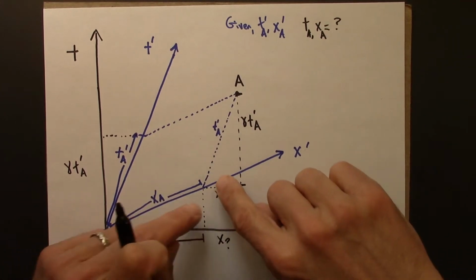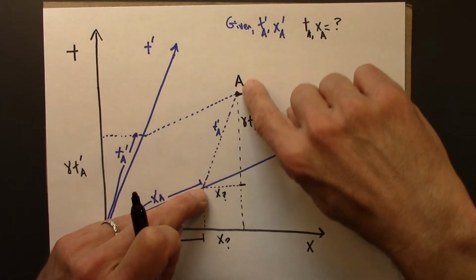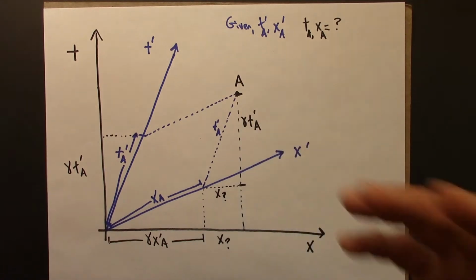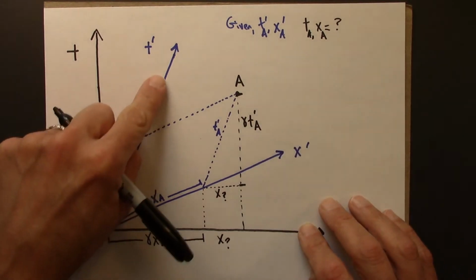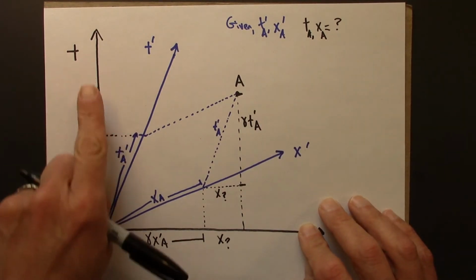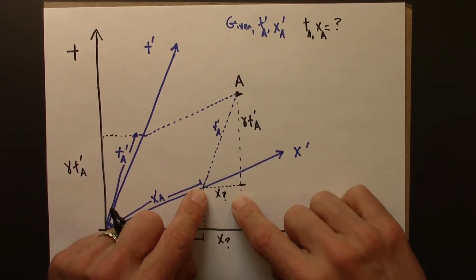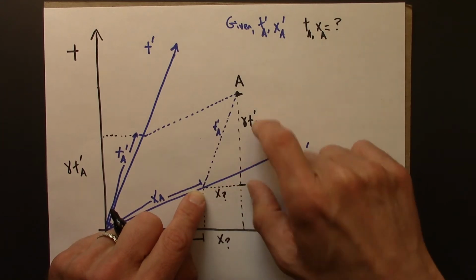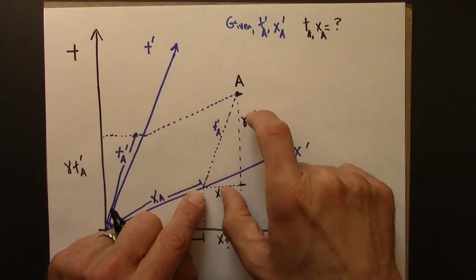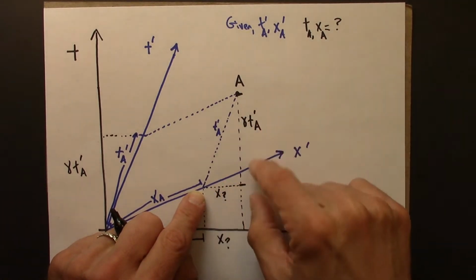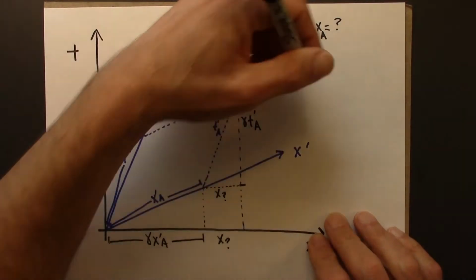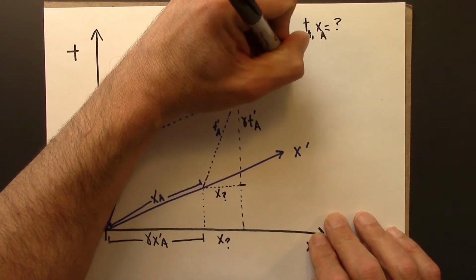All right. So we know the slope of this, or put another way, we know how fast the blue frame is moving with respect to the at-rest frame. It's moving at a speed of beta. And so I can use that to figure out what x question mark is. So beta, it's a speed.